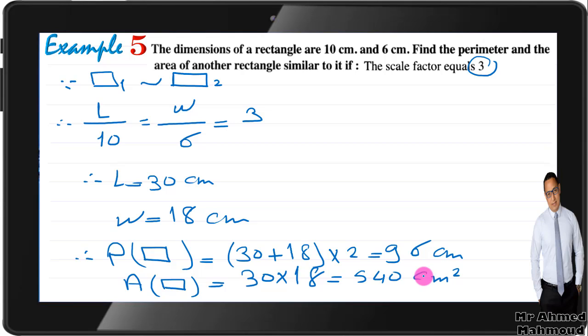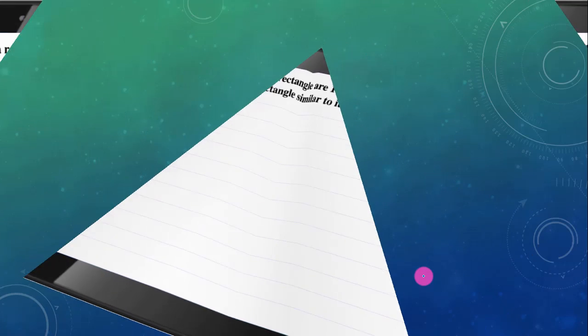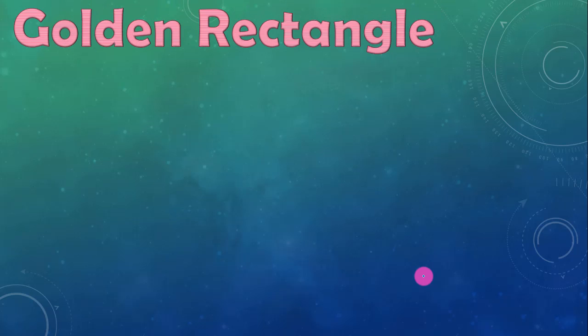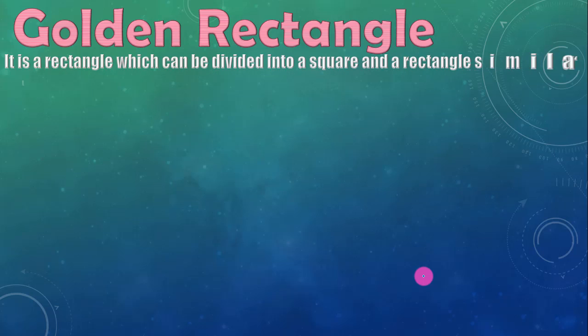Now let's study a very famous ratio called the golden ratio, and from this ratio the mathematicians created a rectangle called the golden rectangle. Okay, what is the golden rectangle? The golden rectangle is a rectangle which can be divided into a square and a rectangle similar to the original rectangle.